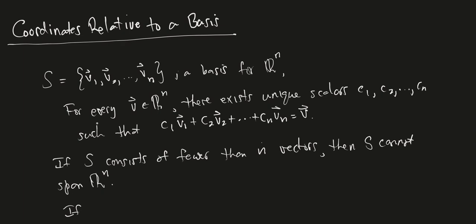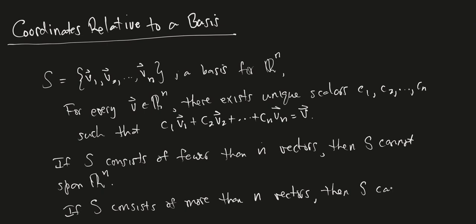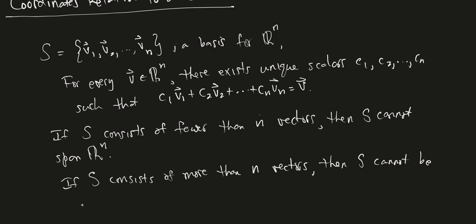But there's also the problem of having too many. If S consists of more than n vectors, then S cannot be linearly independent. Why is that?